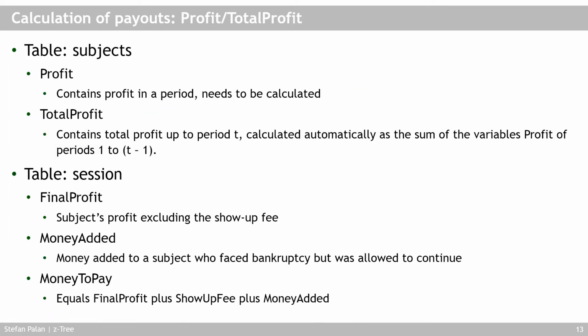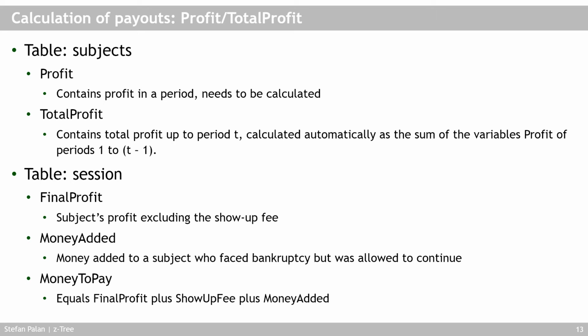Now, how does SETRI calculate the profits of a subject? Well, you need to fill in the profit variable in the subjects table. This is exactly what we did in the public goods game. So in the subjects table, there is a variable called profit, and whatever number you write into this profit variable is interpreted as experimental currency units and is added to the subject's total profits.